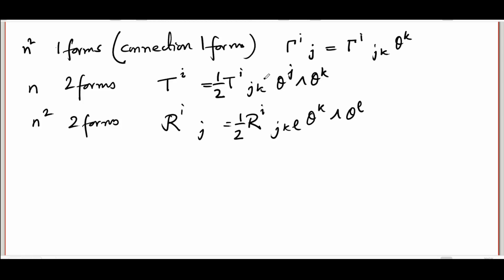And these coefficients are going to give you the torsion coefficients and the curvature coefficients. Once again, if we are dealing with Riemannian geometry, then the torsion coefficient will be identically 0. You really have to worry then only about this one. But in a general geometry, you would have to worry about both of these.